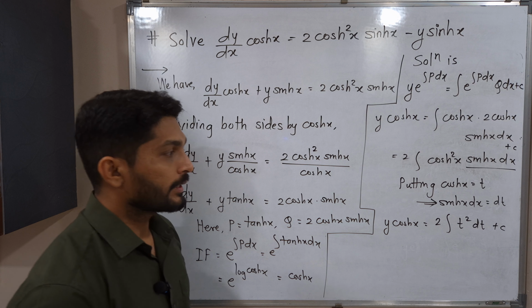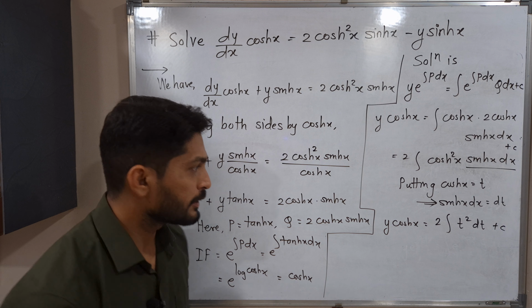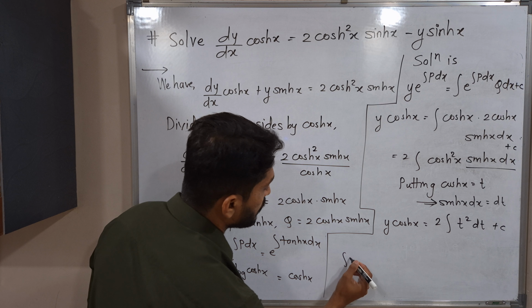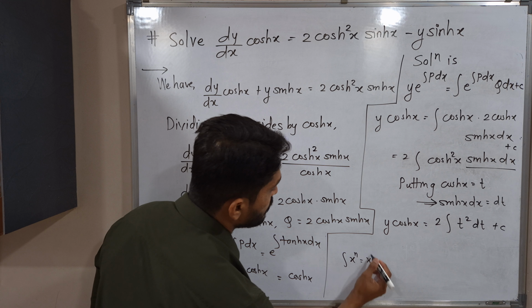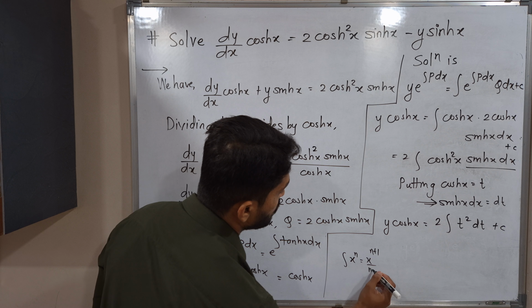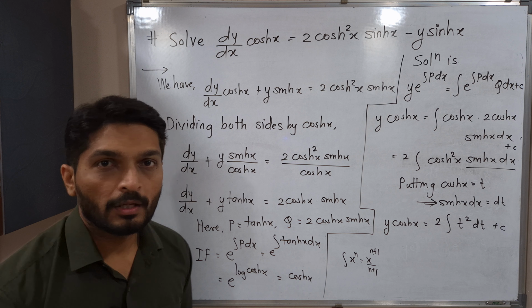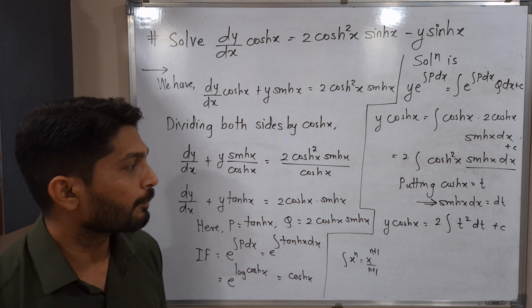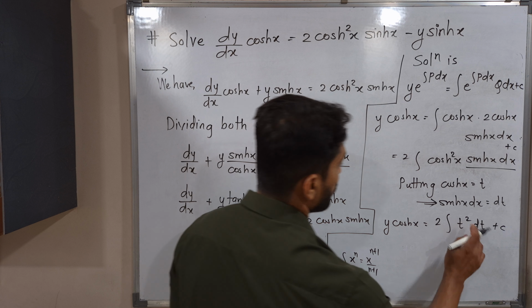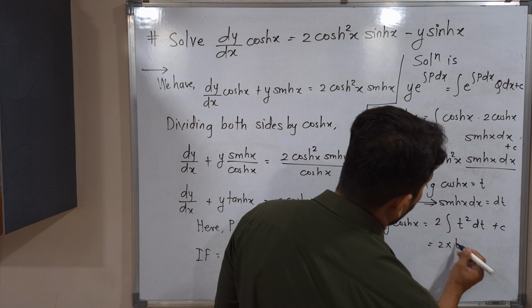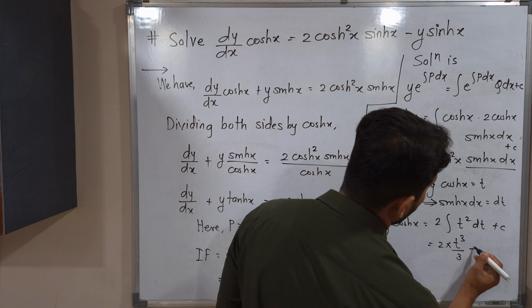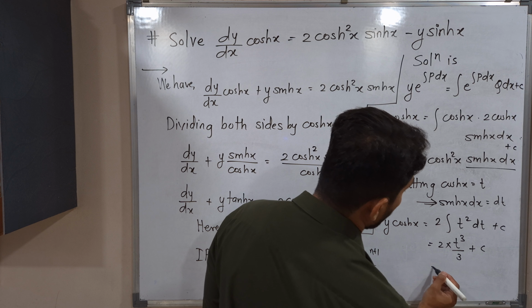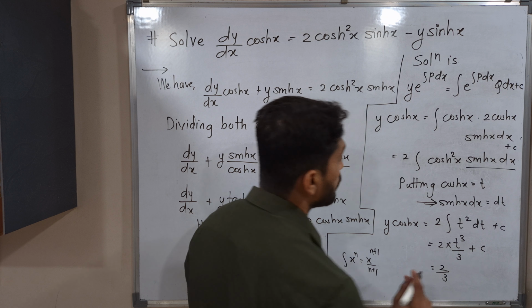What is the integration of t square? Are you familiar with this formula? Integration x raised to n is x raised to n plus 1 upon n plus 1. Whatever the power, we increase it by 1, and the same number we write in denominator. So power is 2, increase it by 1, so t cube by 3 plus c. So it is 2 by 3 t cube.